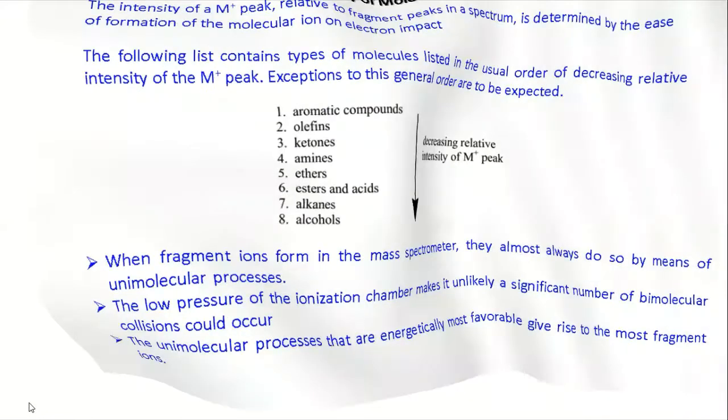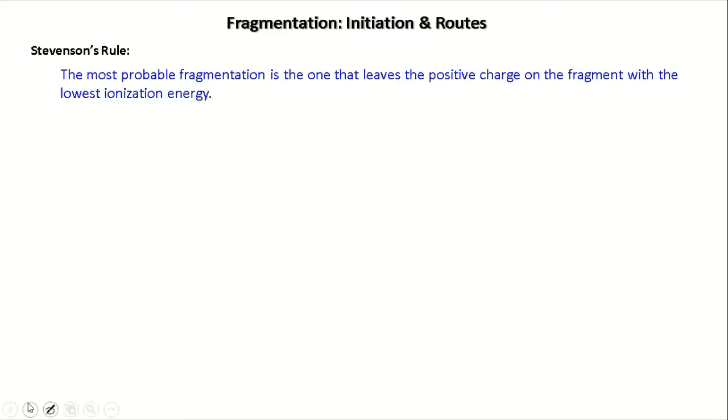Now what we'll look at in this slide is the initiation and routes of fragmentation. Here you have to remember one very basic rule that I have been telling from the beginning, the Stevenson rule. It tells that the most preferable fragmentation is the one that leaves the positive charge on the fragment with the lowest ionization energy.